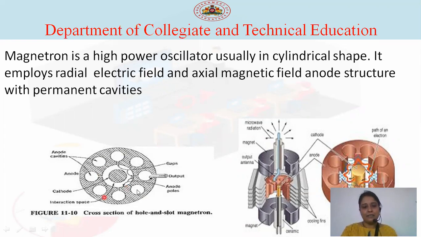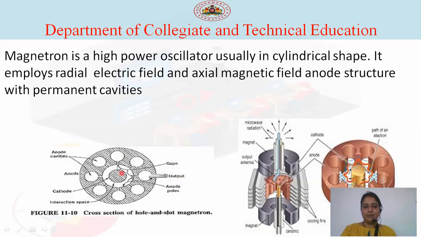and the anode has permanent cavities. Now, if you observe the constructional diagram, the center one represents the cathode. This is the cathode structure, or the cathode block, which is surrounded by the anode block. This is the anode. The anode has permanent cavities, and we can take output from any one of the cavities.